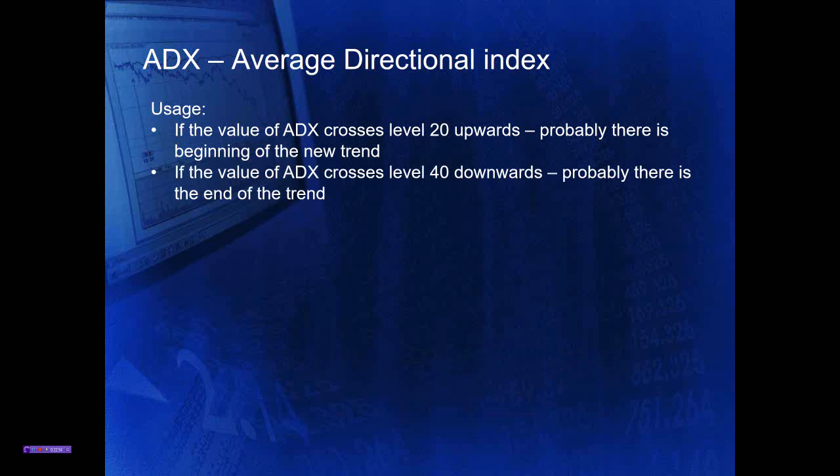On the other hand, if the ADX is above 40 and then it crosses 40 downwards, there probably is the end of the trend. Also quite simple. So, end of the trend when it crosses 40 down, beginning of the trend when it crosses 20 upwards. In the range between 20 and 40, there is a shadow space where you can't really guess how strong the trend is going to be in the end. If the ADX is oscillating there, a modest trend is on the market, usually with some kind of sideways movement and so on.